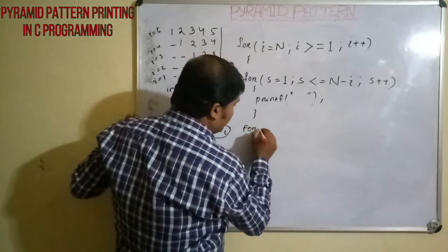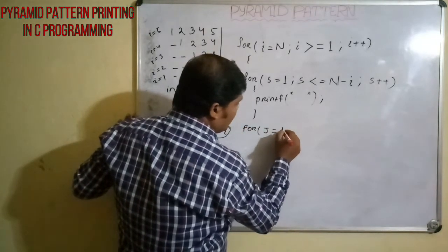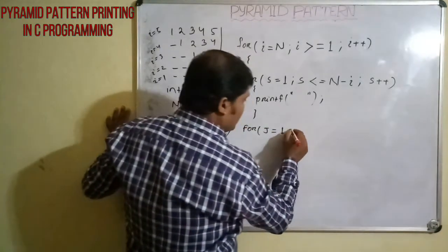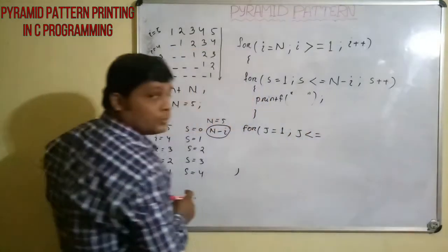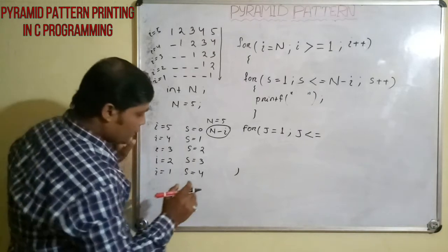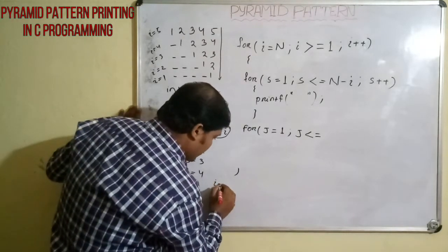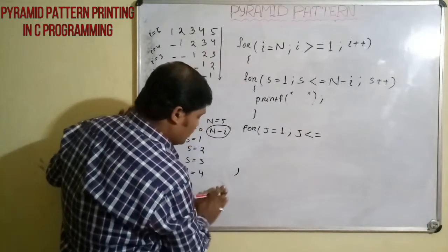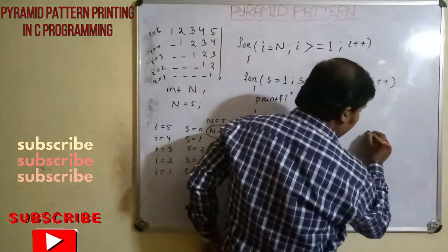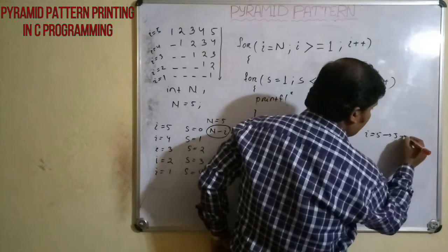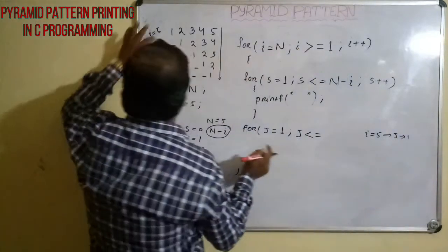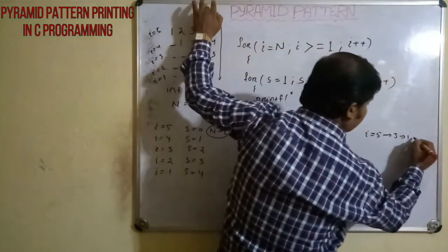Now see, to print the numbers, what we have to do? We have to take another loop for j. J suppose starting with 1. Then when j will end, j less than equal to. Just see when j will end. When i value is 5, j value starts from which value? 1 and ends with 5.